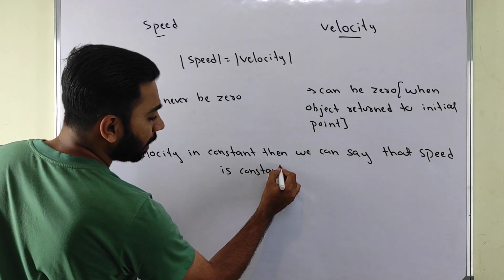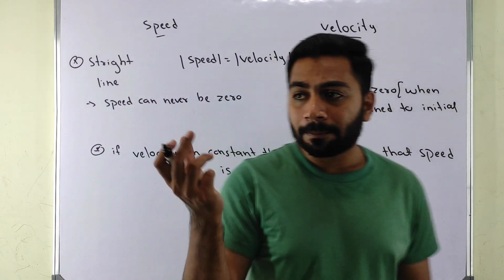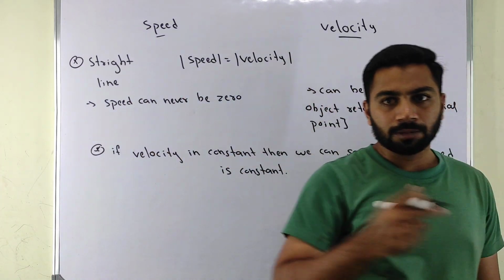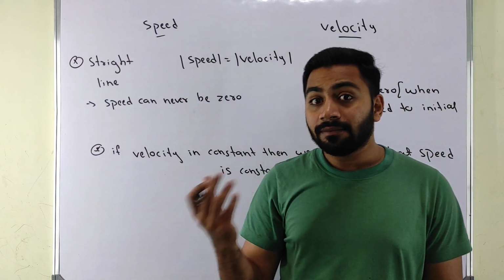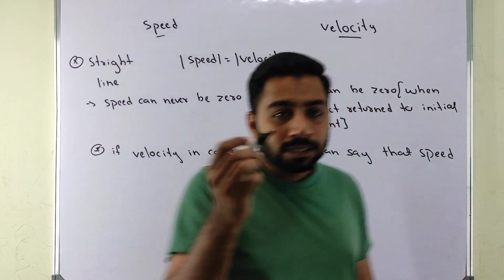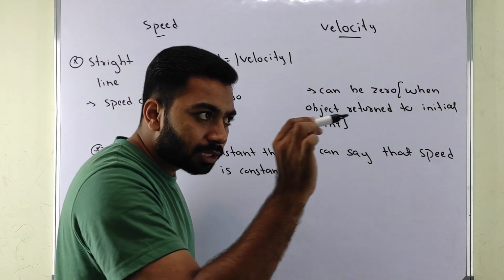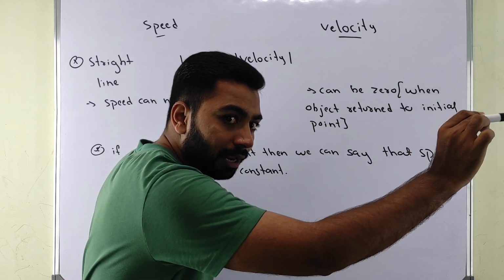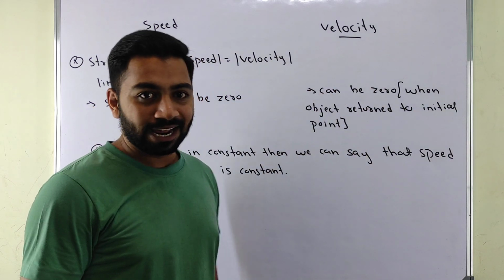Yes, of course. If a particle has constant velocity, that means the particle is moving in one direction, the x-axis, then we can say speed is also constant, because both are the same. The particle is moving like this, no turning, nothing, velocity constant, then speed is also constant, right?